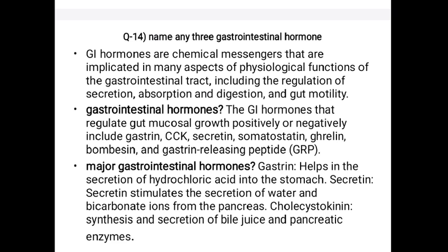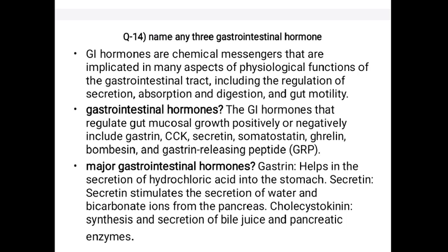Gastrointestinal hormones that regulate gut mucosal growth positively or negatively include gastrin, secretin, somatostatin, ghrelin, bombesin, and gastrin-releasing peptide.